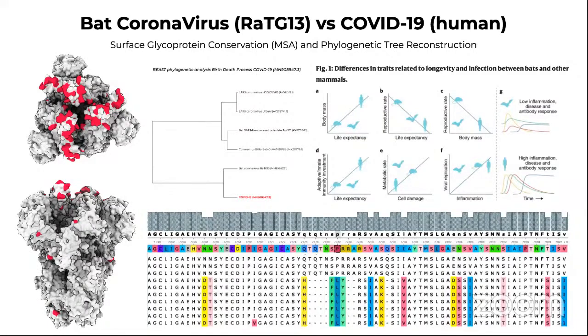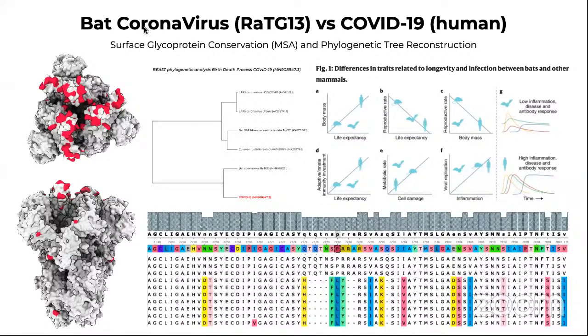And so one of the questions would be, well, what is different between bats and humans that so many different viruses that end up becoming endemic or pandemic acquire these properties? So how does that environment really play a role in what happens?